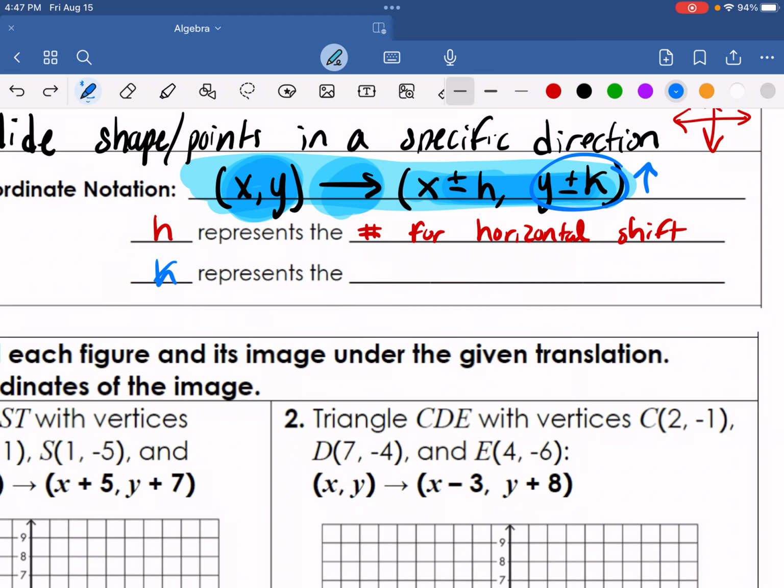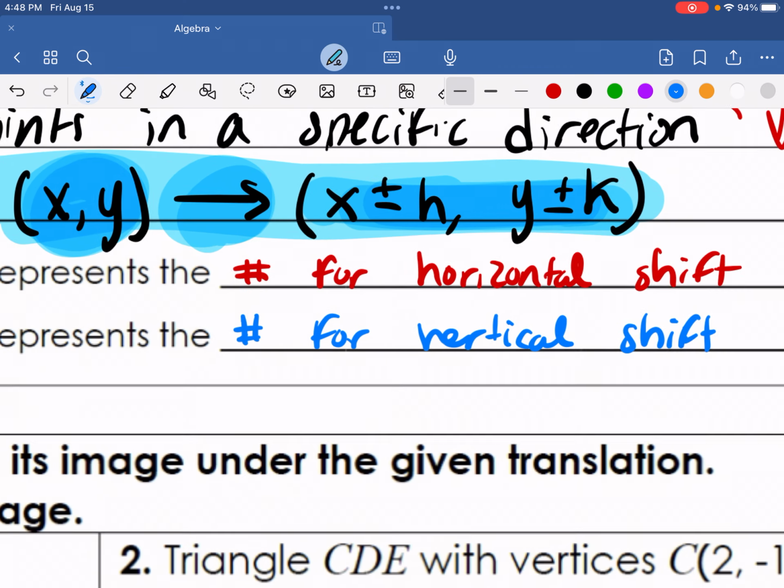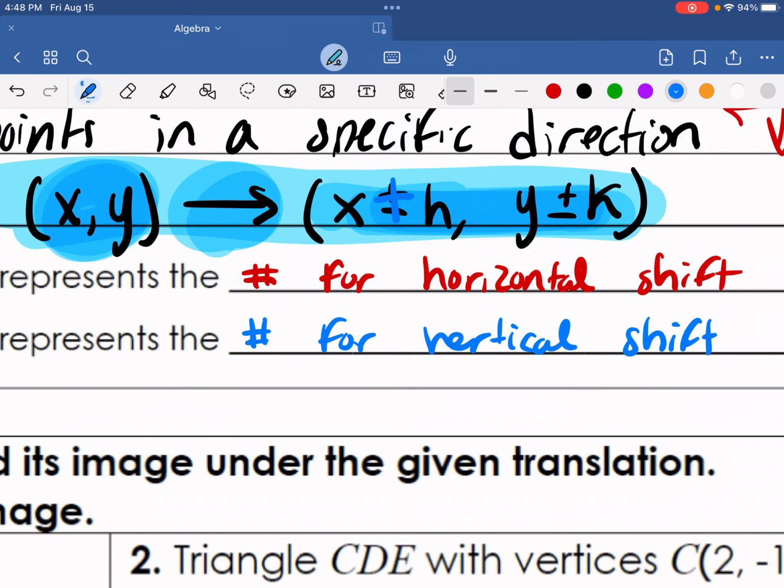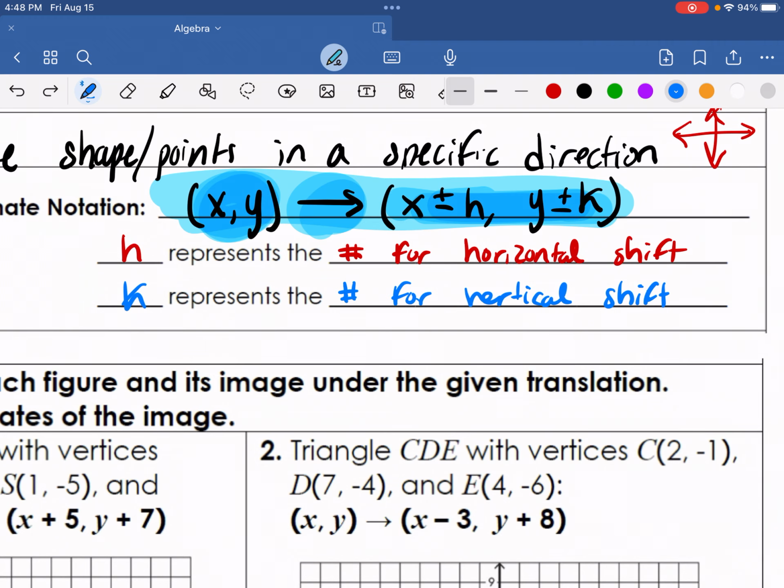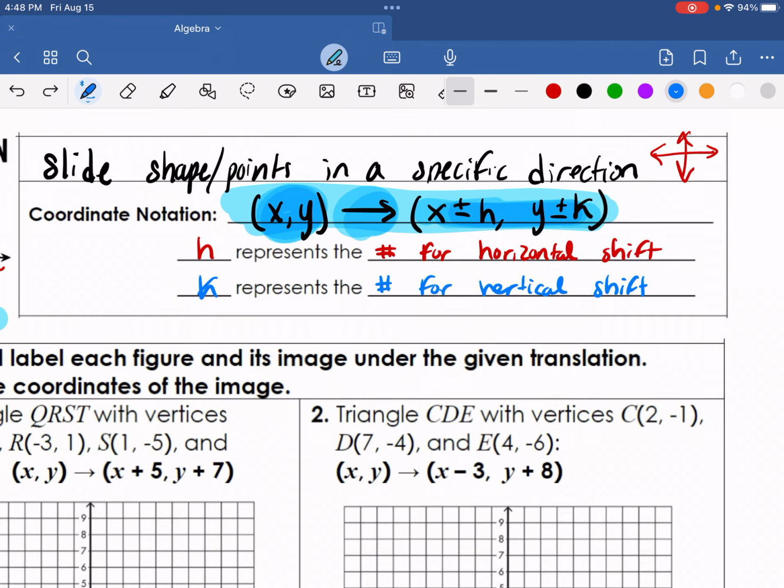The y-axis goes up and down. So that is the number for the vertical shift. And it is just a number. So right here, it should say something like +7 and -10. h and k are just numbers. h is the number for how it moves left and right, and k is the one that moves up and down.